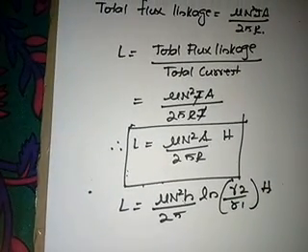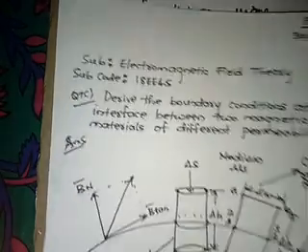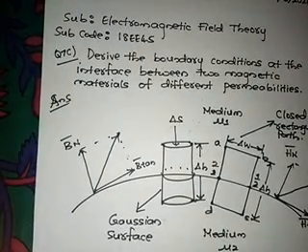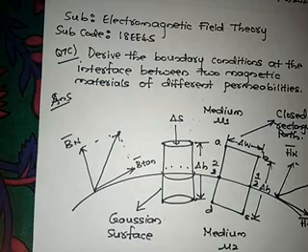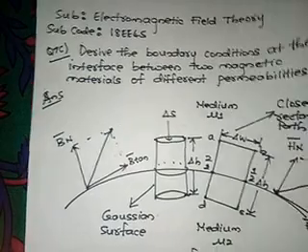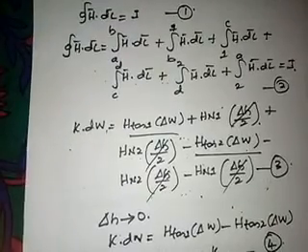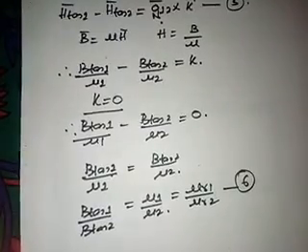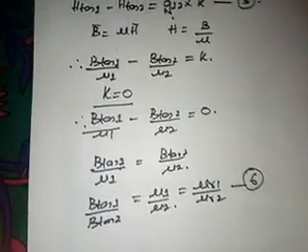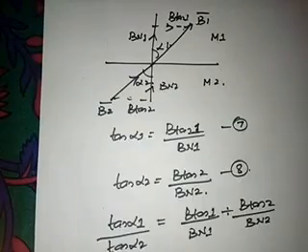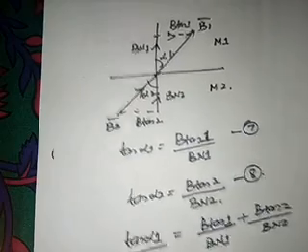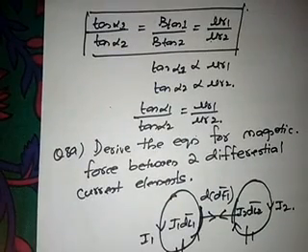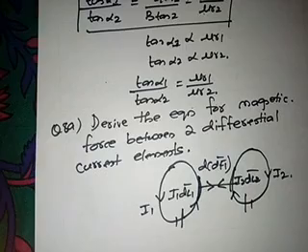So we have started with the derivation of the boundary conditions at the interface between two magnetic materials of different permeabilities. We have derived the equation, starting from the various equations, we have finally arrived at tan alpha 1 by tan alpha 2 is equal to mu r1 by mu r2.